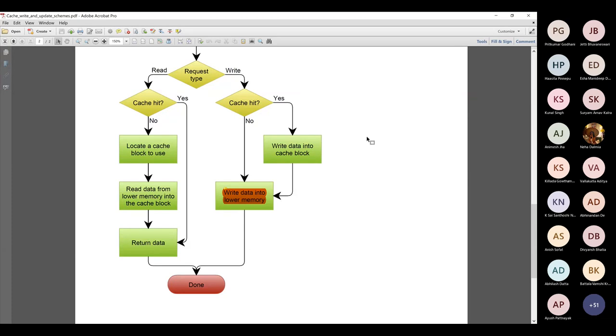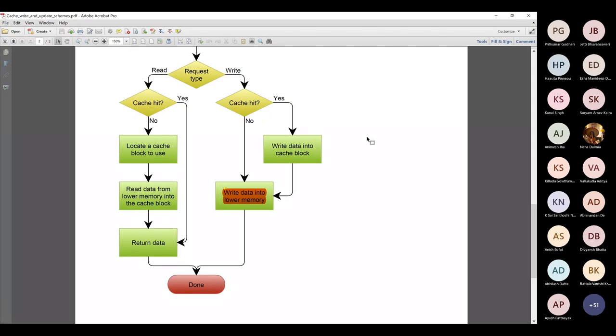Well, this is not even a dirty bit concept. The dirty bit concept comes when you have modified the cache and you have kept a record that this has to be later modified to memory. This is not a dirty bit concept. You are not at all modifying the cache. You are directly going into memory.